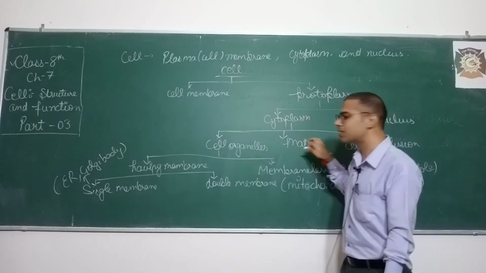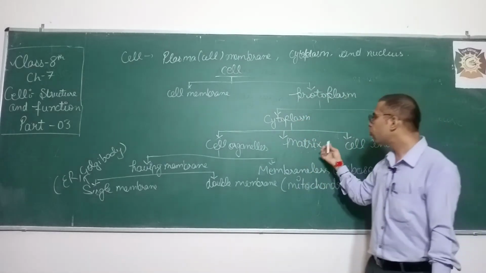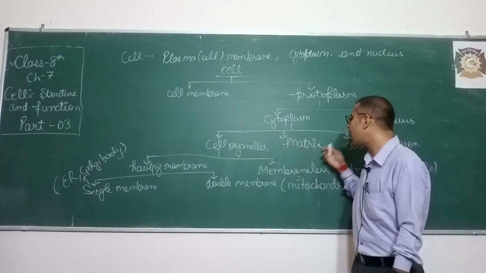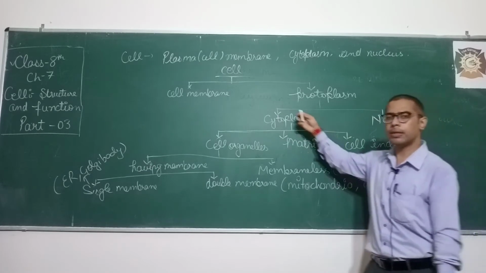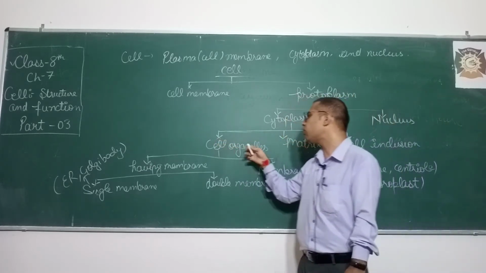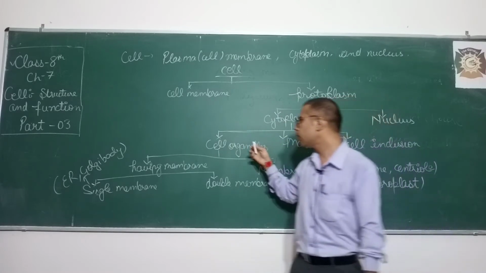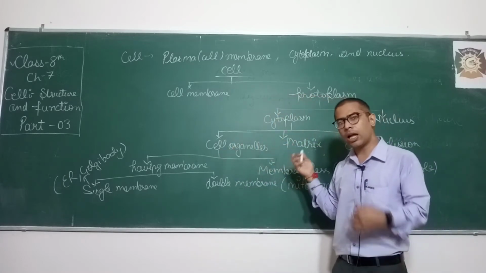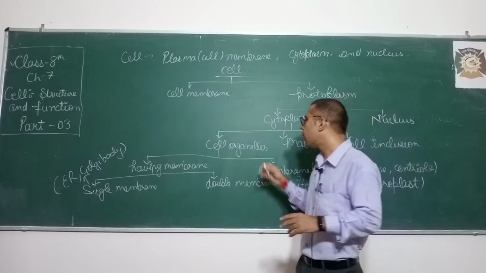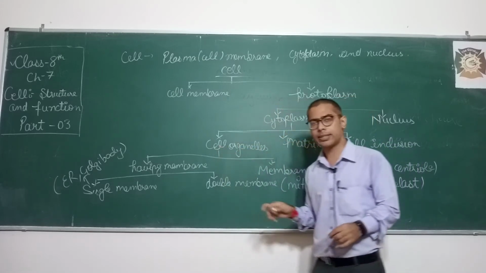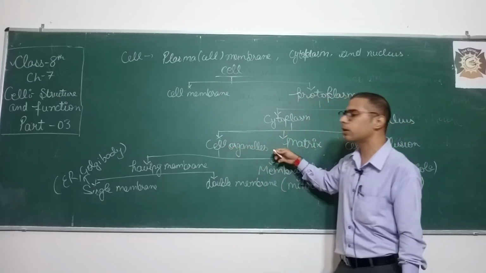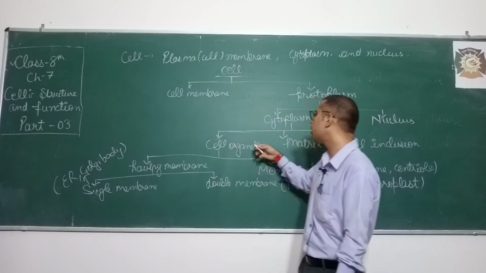The cytoplasm consists of a fluid, and that fluid is known as matrix. Matrix is a fluid present in cytoplasm. Cytoplasm also contains some organelles. In our body we call it an organ because organs are large in size, but the cell consists of small organs, and that's why these are known as organelles.